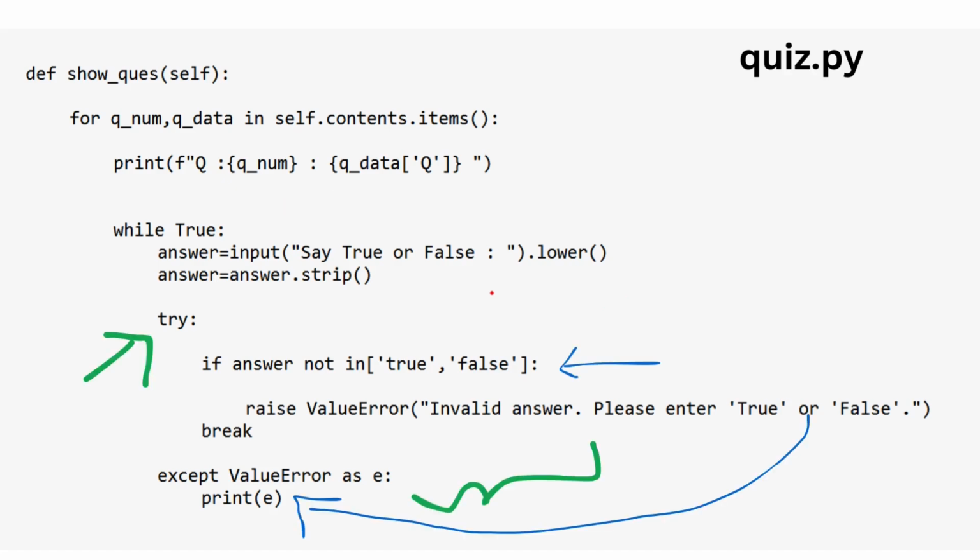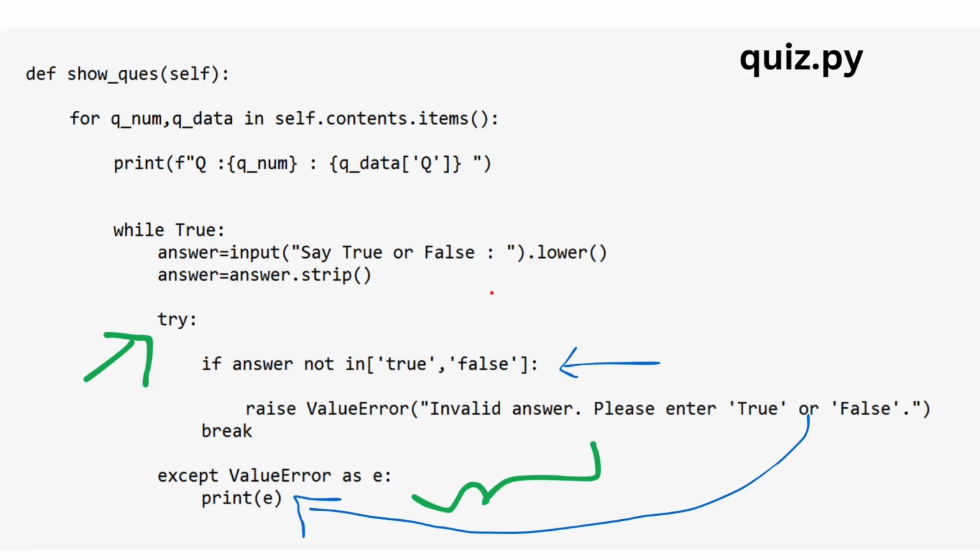And then a try block is started here to check if the answer is not true or false. If it is not either true or false, what happens? It raises the value error. Then it comes to this except block, and it is going to print invalid answer, please enter true or false. So this prompt keeps on running till the user enters true or false.